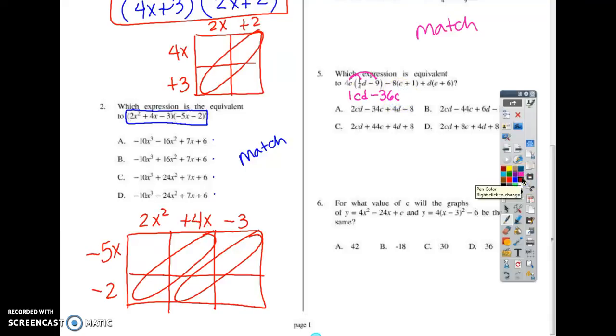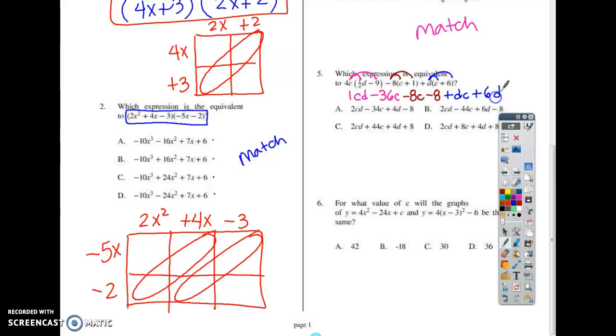Then you're multiplying negative 8 times c. That's negative 8c. And negative 8 times 1 is a negative 8. And then you're multiplying d times c, which is positive dc, and d times 6, which is a positive 6d. Okay, you're just multiplying.